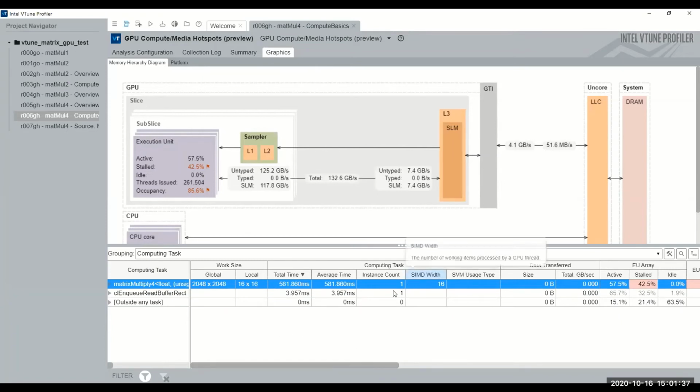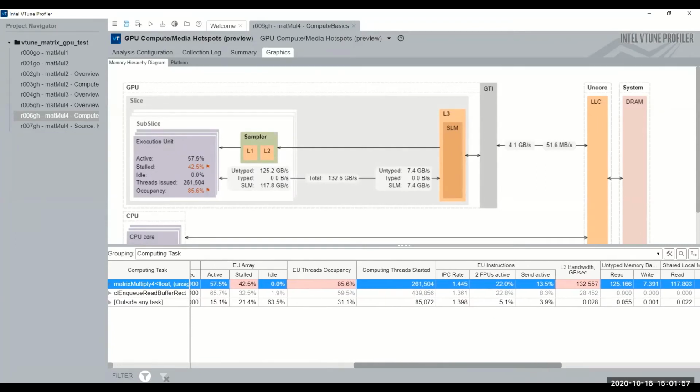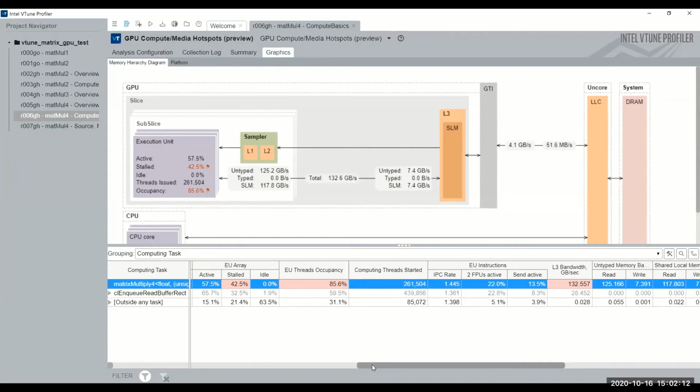Now the kernel was still called just once, and we can observe that SIMD width is 16. So we are efficiently using the SIMD operations in the execution units. The arrays are still not 100% active all the time, they are stalled for 42%, and it's another reason to take a closer look at the efficiency of this kernel.